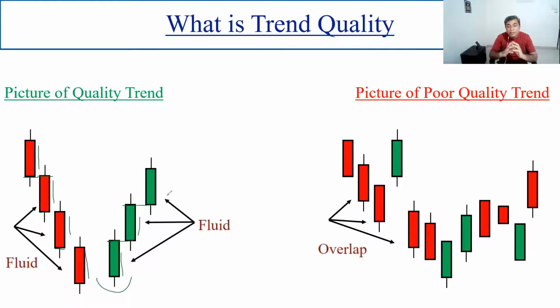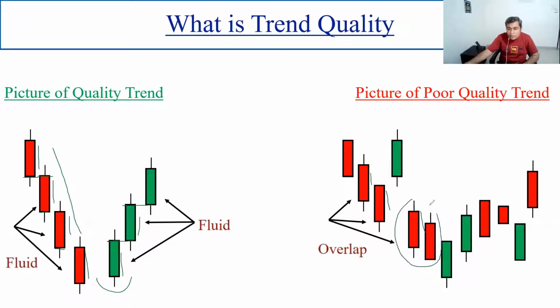Now this is the picture of a poor quality trade, and you can see how prices are overlapping each other. To make the difference between what is good quality and what is poor quality, it simply means that here you have opens and closes next to each other, and prices are moving in a very fluid way, whereas in this picture the prices are overlapping.